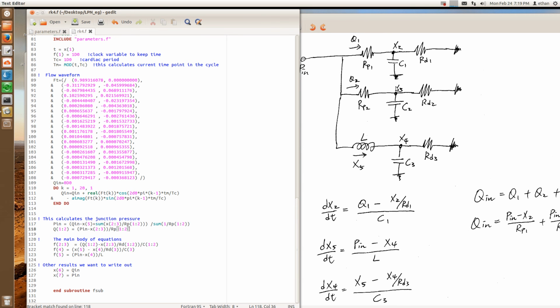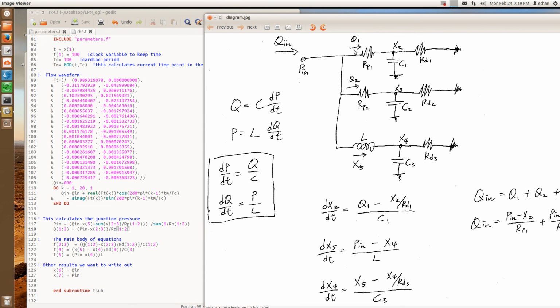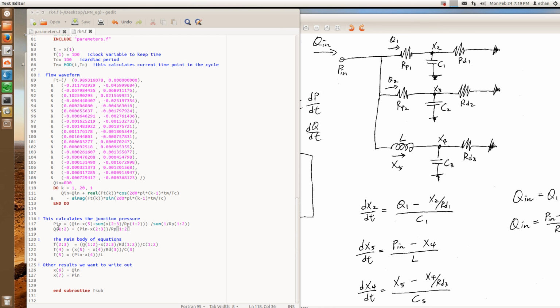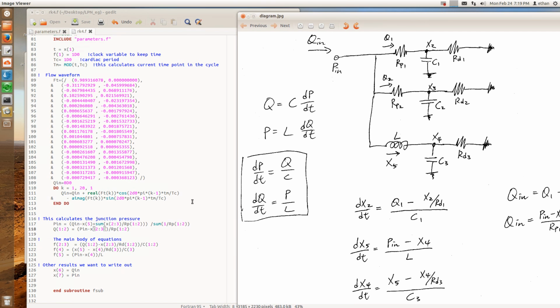And then we're going to use these Q variables, so we're just going to calculate them, and they're very easy because they're just defined by the resistance equation right here. It's just the flow across the resistor. And so we define Q1 and Q2 with this line right here, and you could take a look to see if it makes sense.